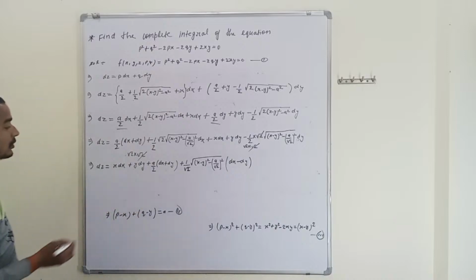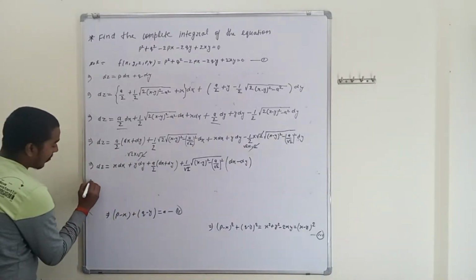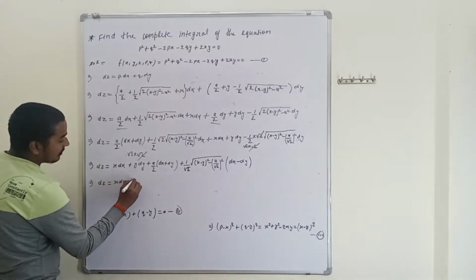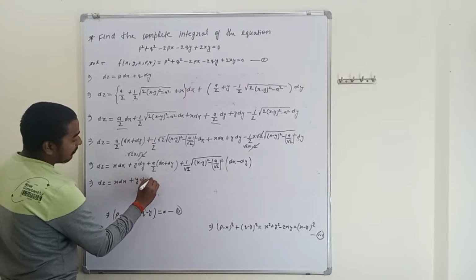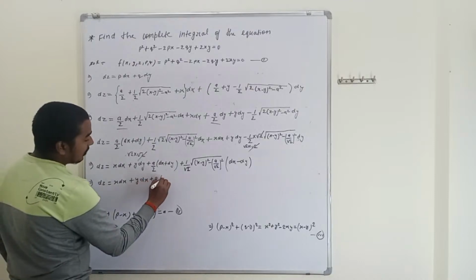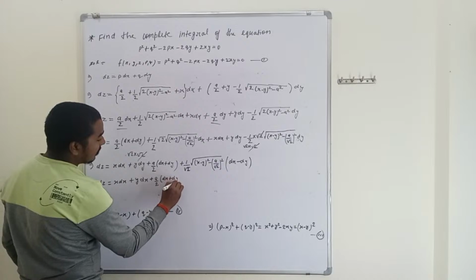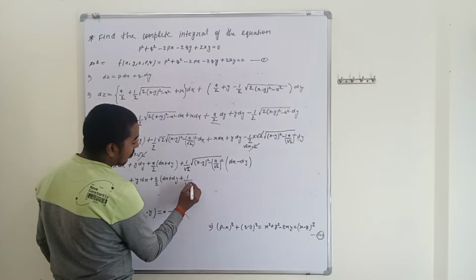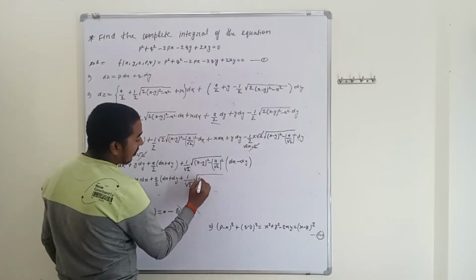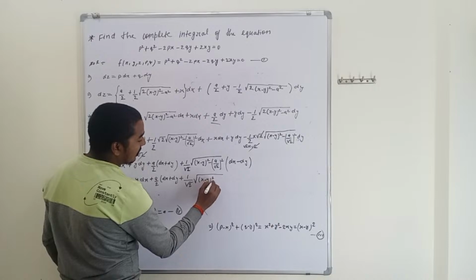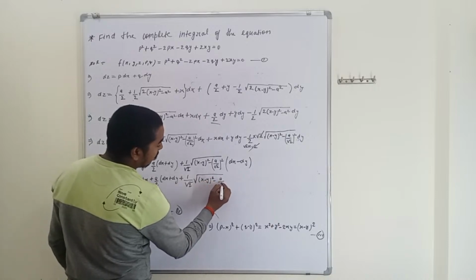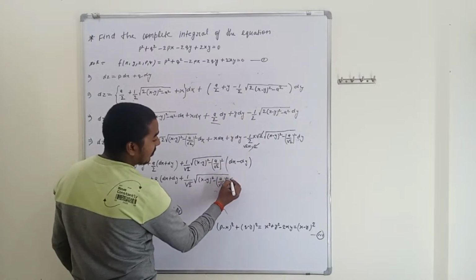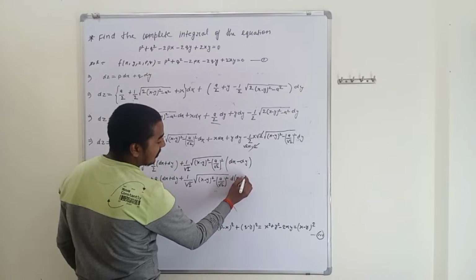Further, we write dz is equal to x dx plus y dy plus a by 2 dx plus dy plus 1 by root 2 under root of (x minus y) whole square minus (a by root 2) whole square, and from here taking d common, that is d(x minus y).